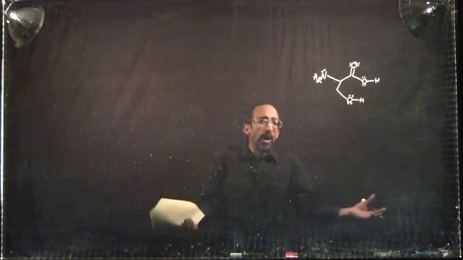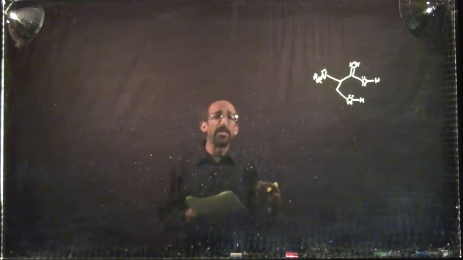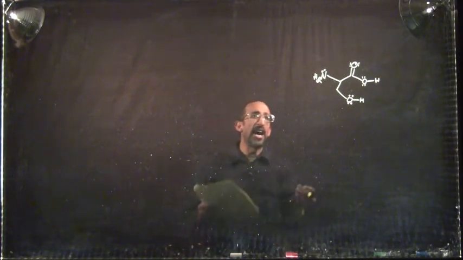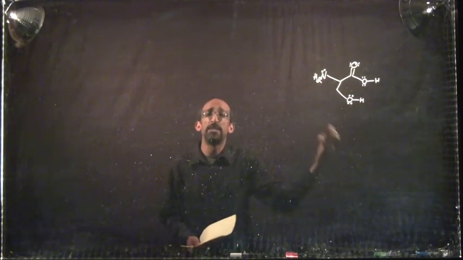Now, I may be putting this into a solution that's pH 1 or pH 7 or pH 14 or any other pH. And I'd like to be able to predict which of these groups are going to be protonated and which are going to be deprotonated.